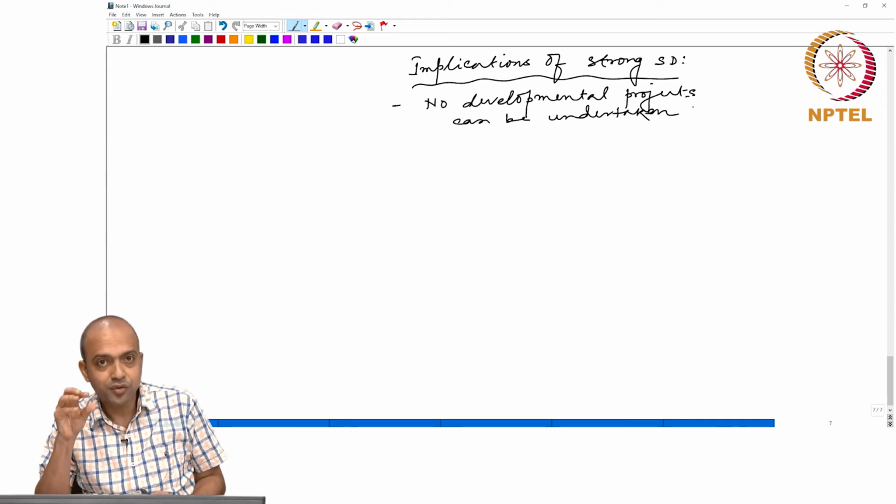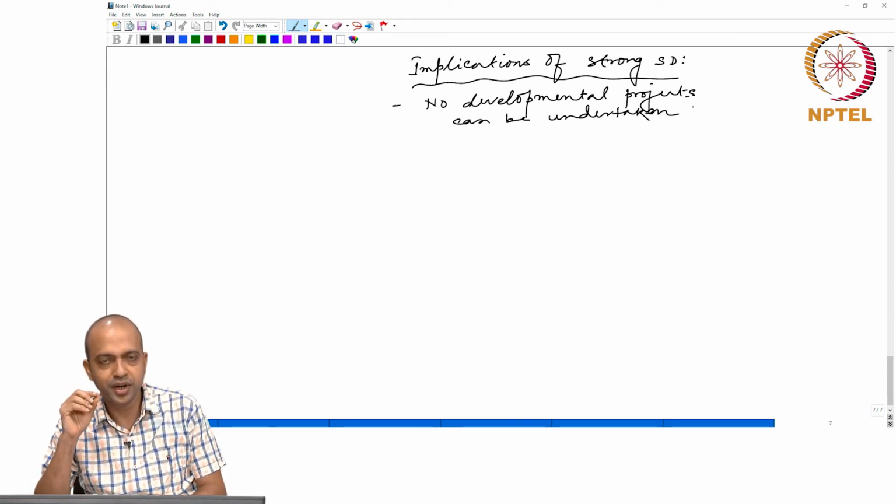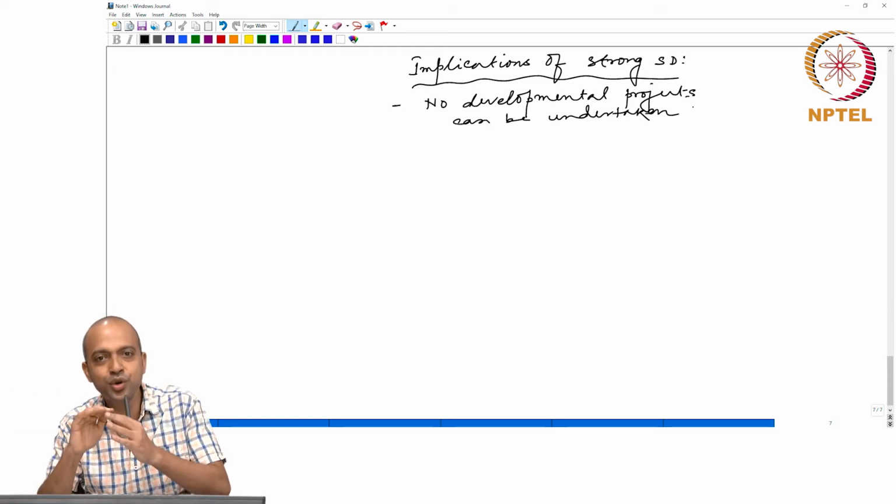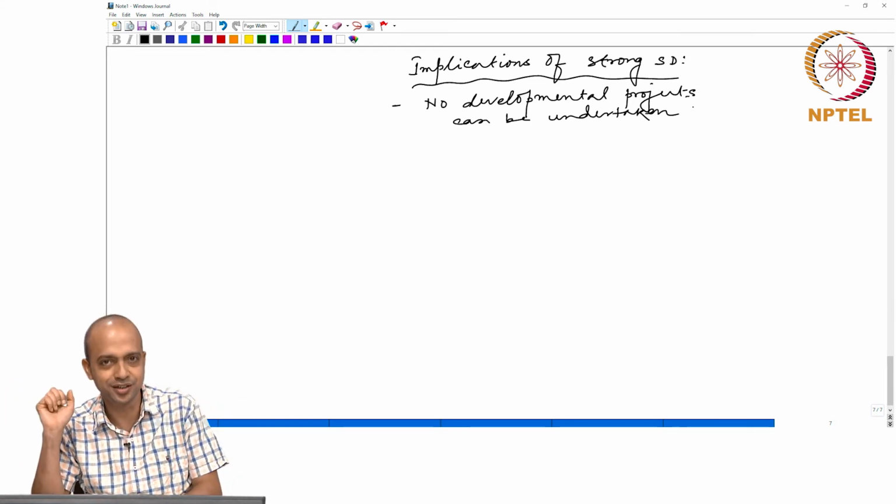Since stronger version of sustainable development ensures that we cannot disturb any element of the nature, it implies no developmental project can be undertaken.